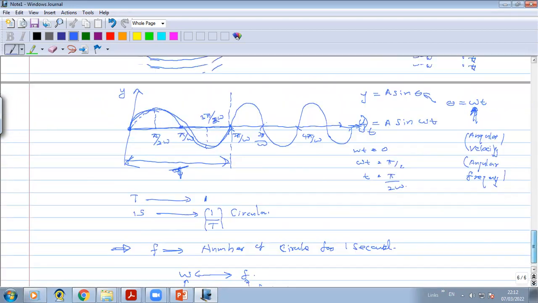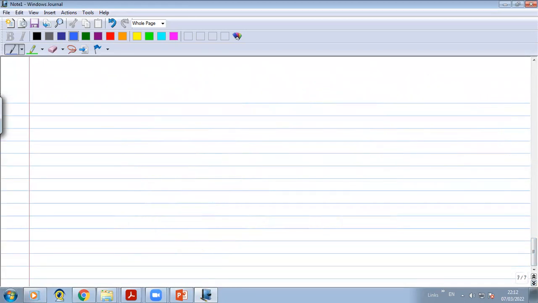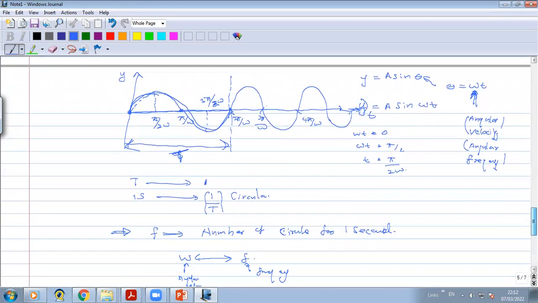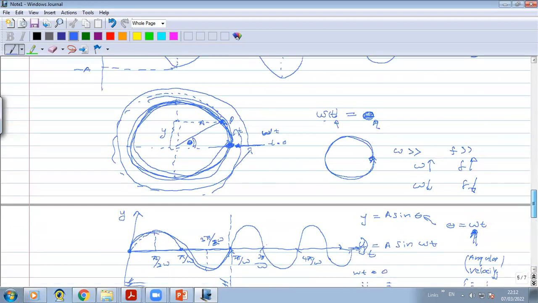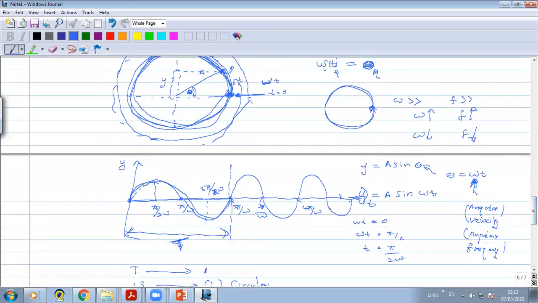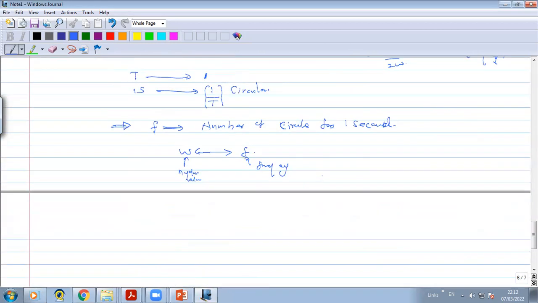Let's say capital T is the time taken to complete 1 circle.